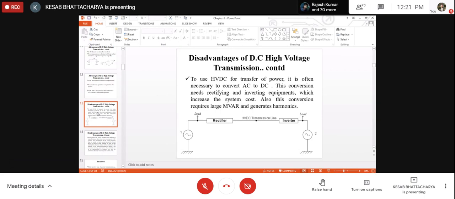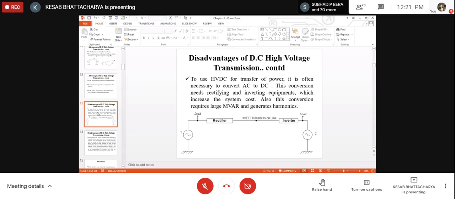First of all, we were talking about interconnecting two AC systems operating at different frequencies with the help of a DC link. In order to do that, we must have a rectifier at one end and an inverter at the other end. Now, these solid state devices introduce a lot of harmonics in the system.